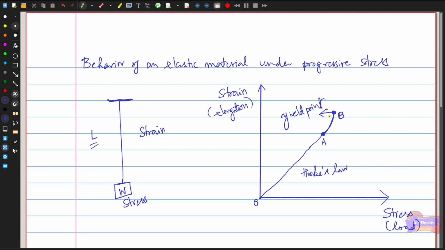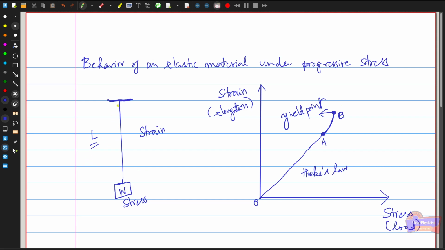Okay, so when this permanent elongation happens, it is taken as the yield point. Now you keep giving stress to the wire.